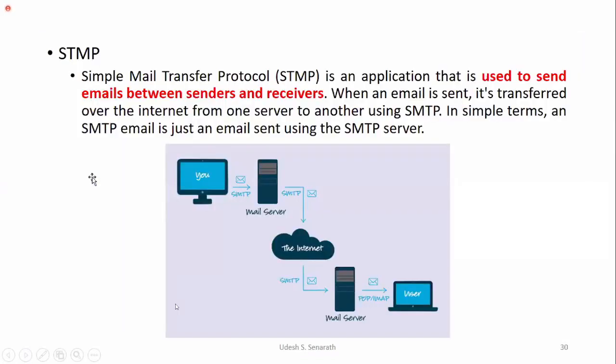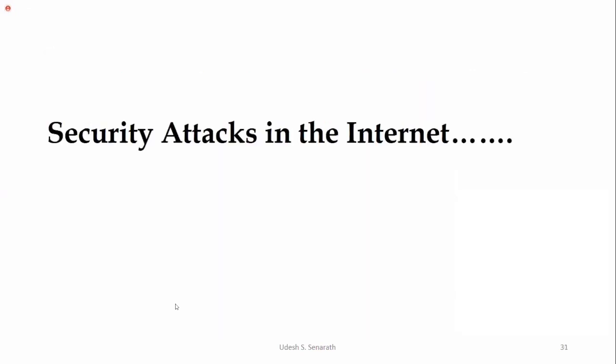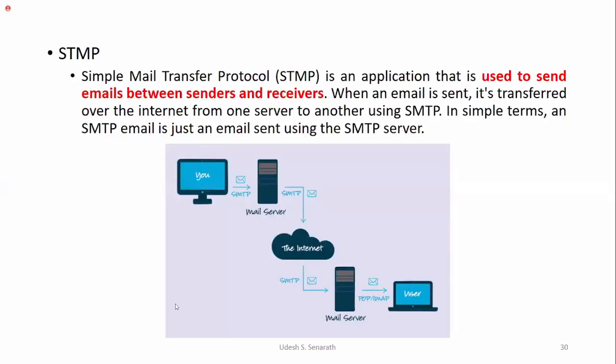Next one is SMTP. SMTP is also a protocol. This SMTP stands for Simple Mail Transfer Protocol. Simple Mail Transfer Protocol we use to send email from one device to another. Whenever you are sending an email, there's no choice.